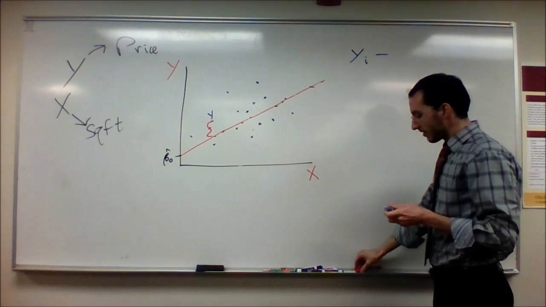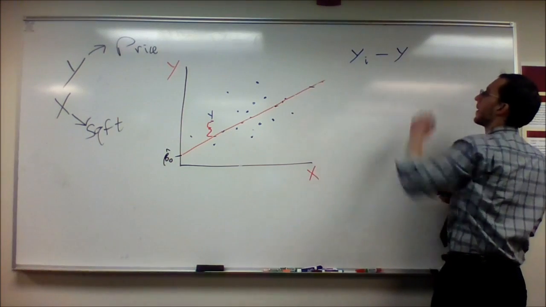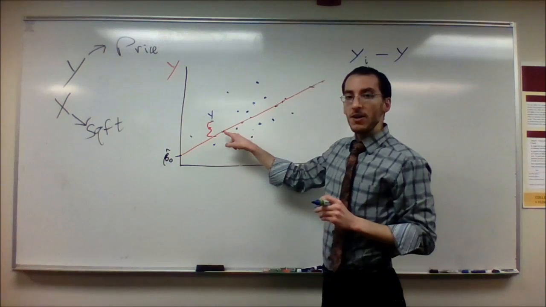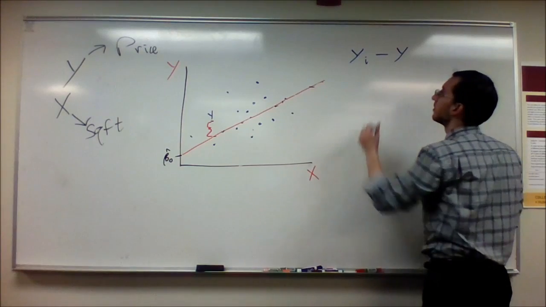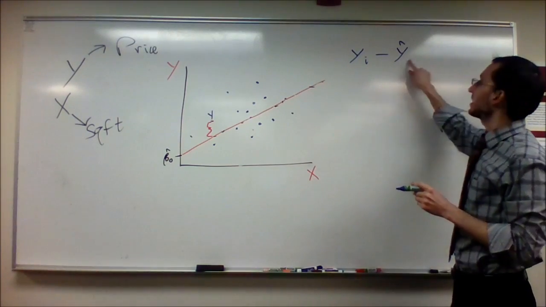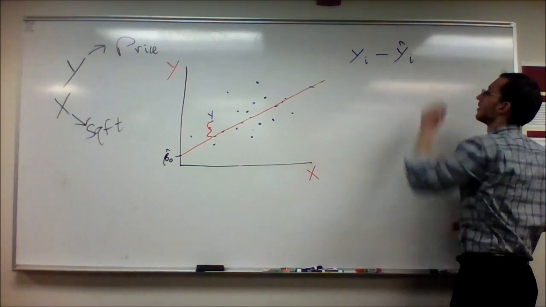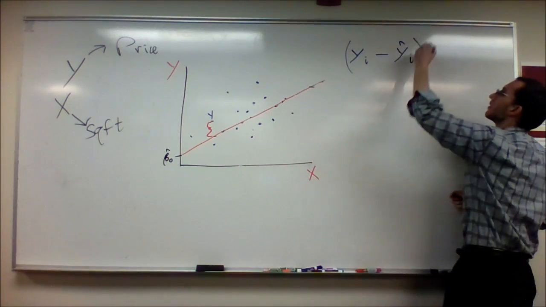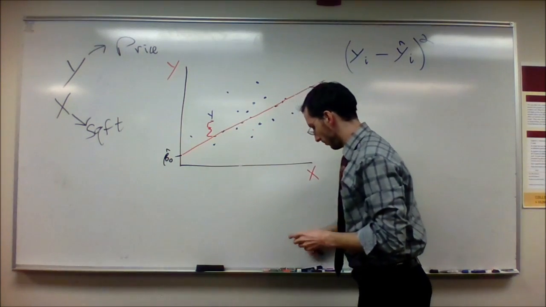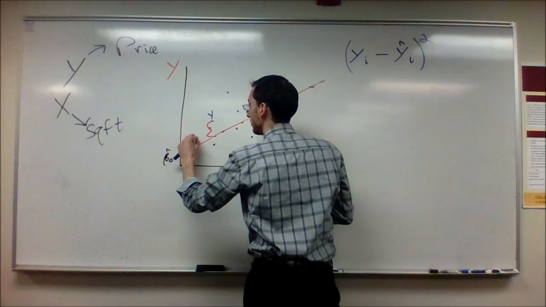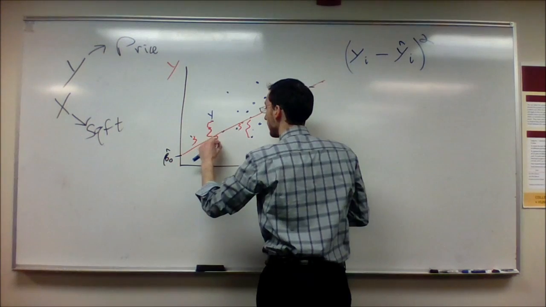So again, what it's doing is it's taking each y, comparing it to where it would be on the line, so a predicted value of y, y hat, and squaring that, each one of these, so it's getting this distance, and this distance, and this distance, and this distance.